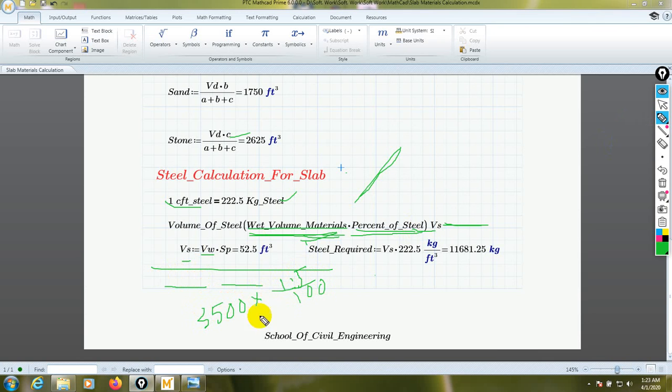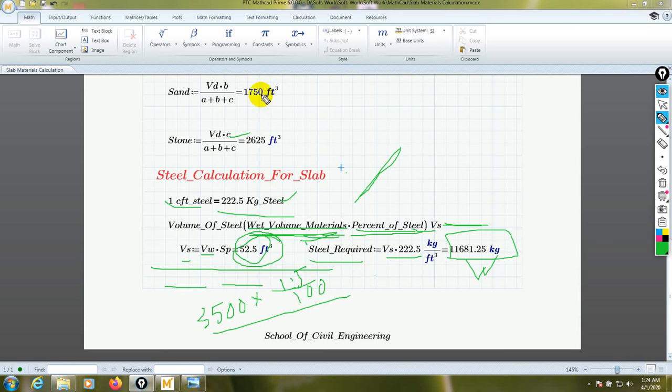Then we find our steel volume, 52.5 CFT, and if we multiply that value by 222.5, we find our steel requirement in kg. In this way we are able to find the different materials in a slab.